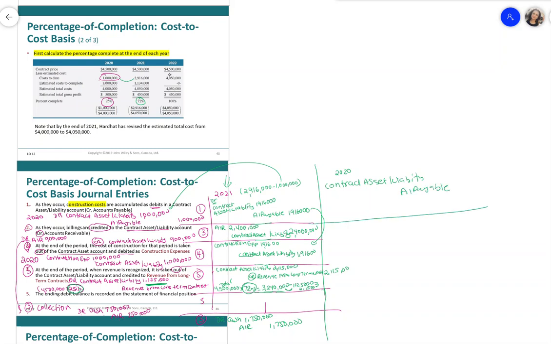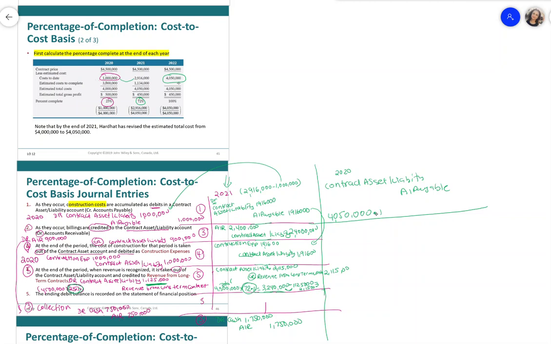Now we know that the to-date cost is 4,450,000. From there, what we did is we already recorded some of the revenue and some of the cost. We recorded the first year. There's two ways of calculating it.